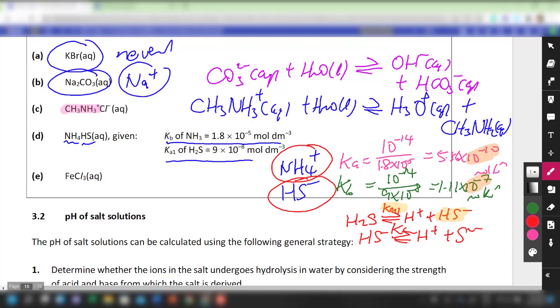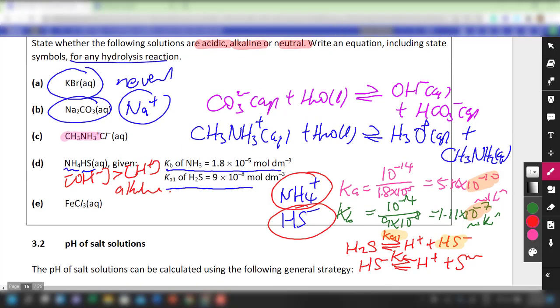So I expect the overall solution to be alkaline because there should be a slight excess of OH minus as compared to H plus. In case I didn't mention earlier, this is neutral, this will be basic or alkaline, this will be acidic, and then this will be alkaline.